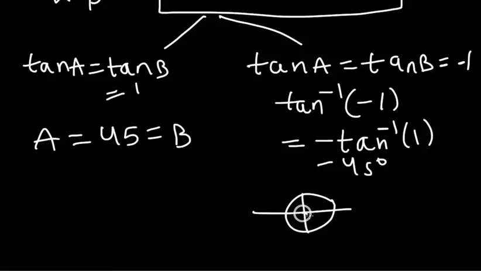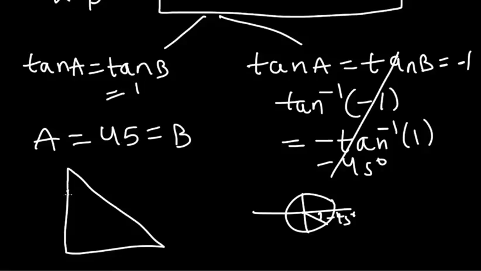So if you go in this direction, this is minus 45 degrees, which is the same thing as 45 degrees. So we don't need to worry about this case, so let's just ignore this, and let's draw our triangle with this scenario. So if this is the scenario, our triangle is going to look something like this.